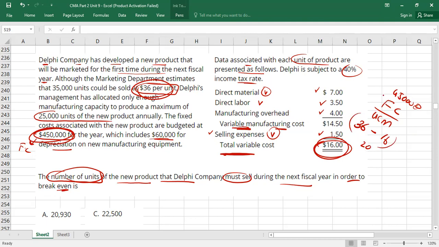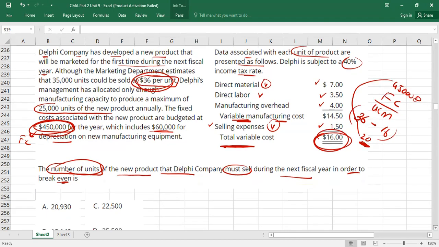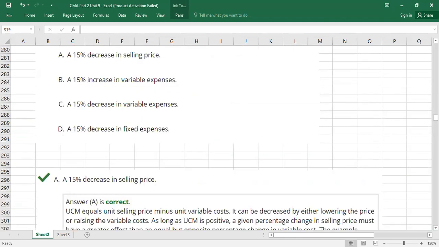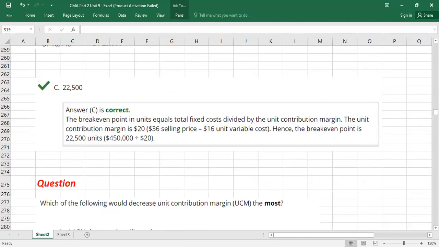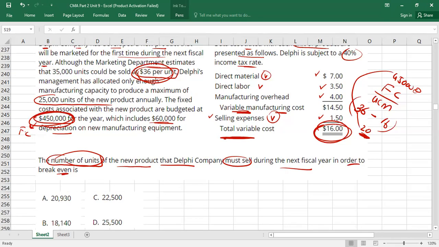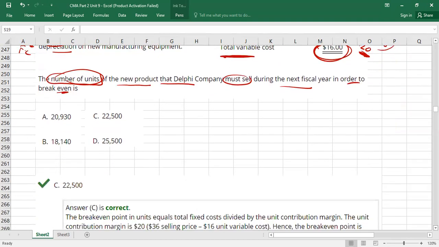This is your unit contribution margin. 450,000 divided by 20. What is going to be your answer? If you just divide, the answer is going to be 22,500. Okay, so option C will be the correct option.